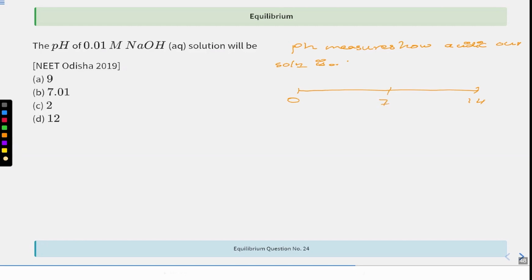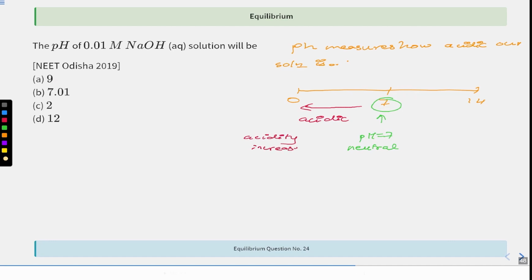So now what happens is at 7, pH equal to 7 is considered to be neutral, right? And less than 7, this side, is acidic in nature. And the more you go towards 0, the acidity increases.